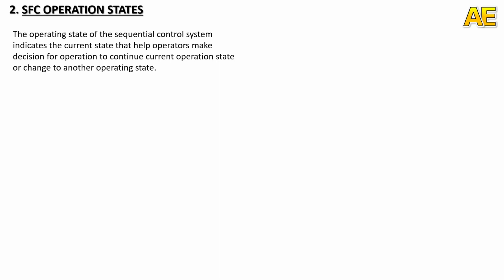For example, in a process with 3 phases, the current phase is phase 2, and the phase state is run or active. From that indicator, the operator knows the process is running well without error.